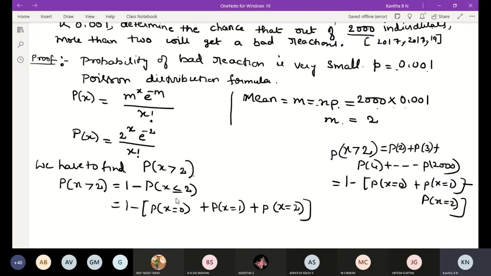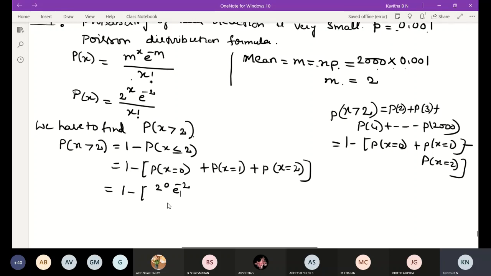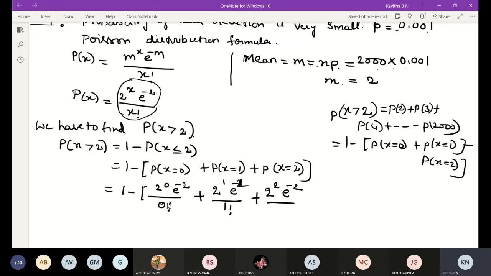Then 1 minus 2 to the power of 0 e to the power of minus 2. Take this formula: 2 to the power of x into e to the power of minus 2 divided by x factorial. 2 to the power of 0 e to the power of minus 2 by 0 factorial plus 2 to the power of 1 e to the power of minus 2 by 1 factorial plus 2 to the power of 2 e to the power of minus 2 divided by 2 factorial.